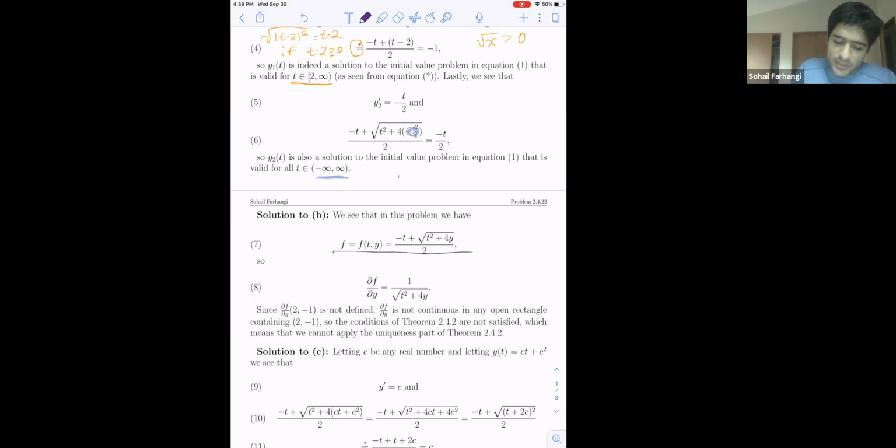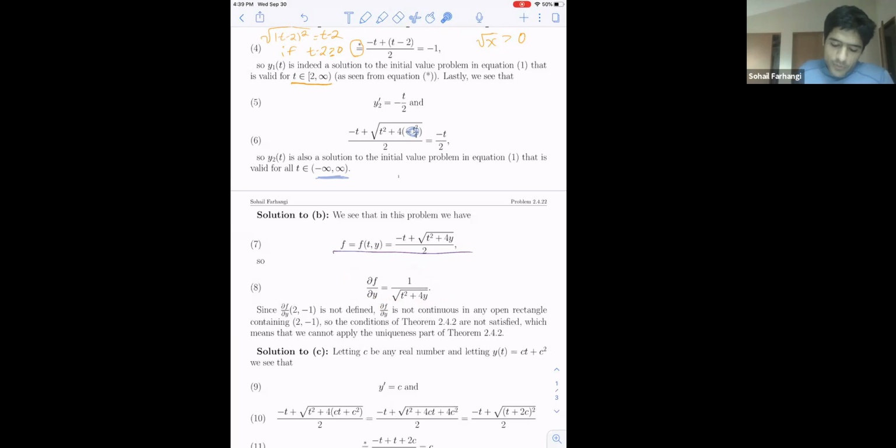Now we see that if I calculate the y partial derivative, then what I will get is this function here, which is 1 over the square root of t squared plus 4y.